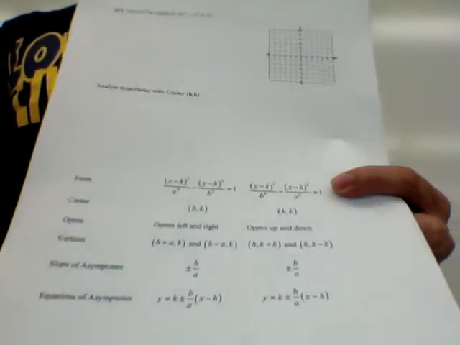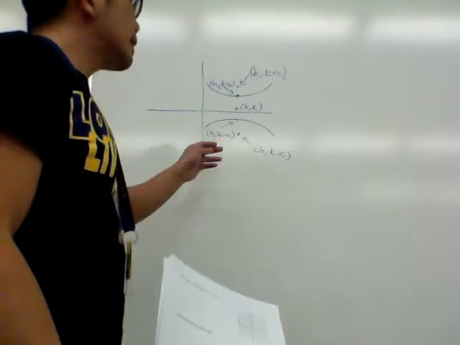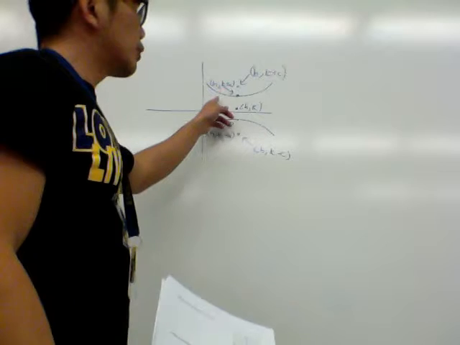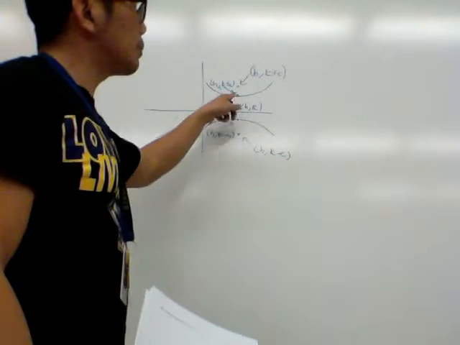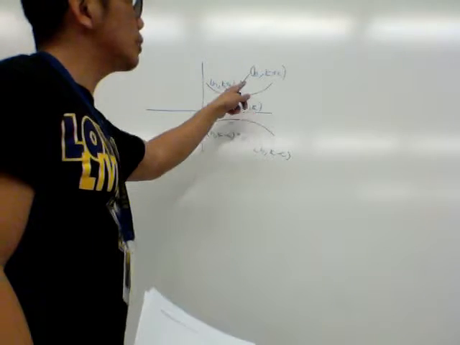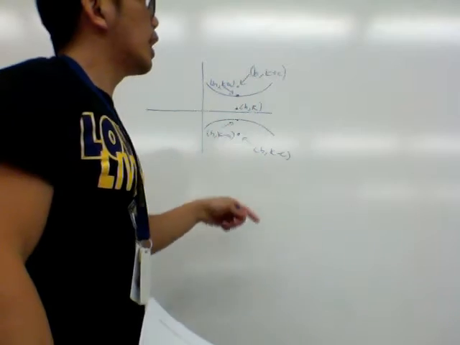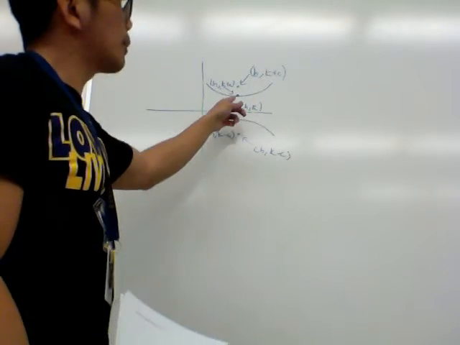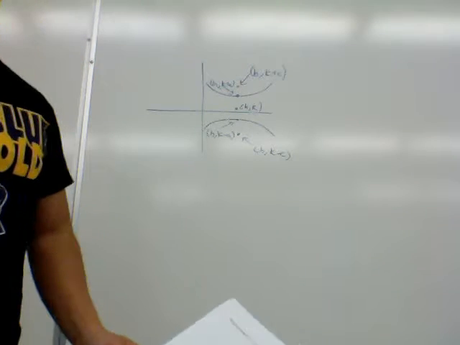I should have used that one. But all you have to really remember, if you look at the graph, is that I take my center, and if I'm going up, I am adding to my y value. For my vertex, I'm adding a, and to my foci, I'm adding c. If I'm going down, I'm subtracting a, and I am subtracting c.